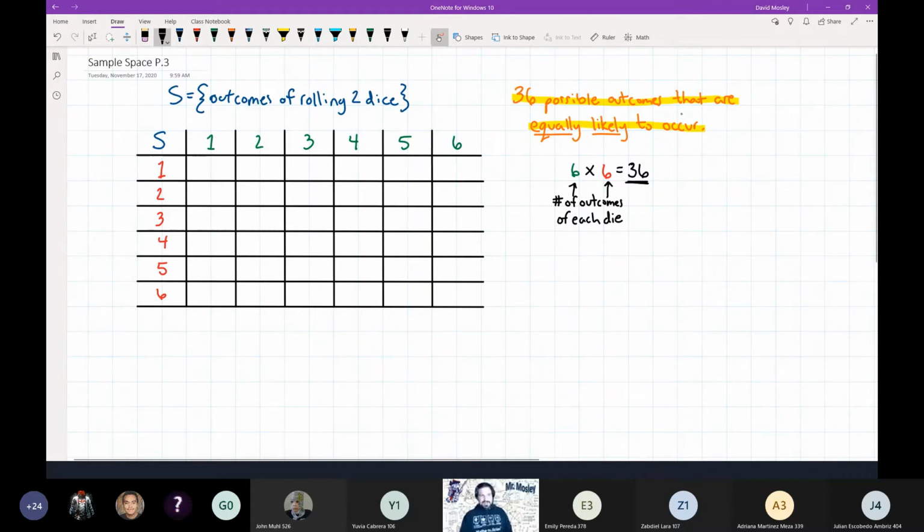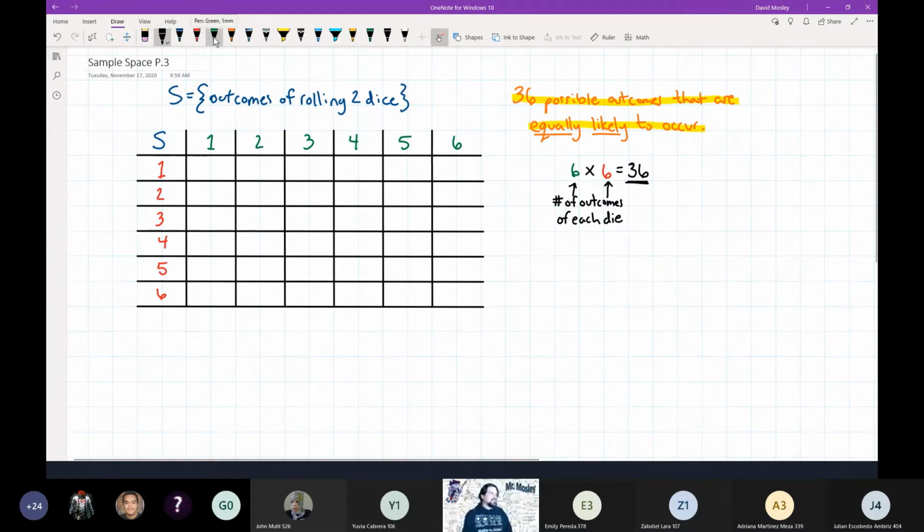There's 36 possible outcomes that are equally likely to occur, meaning each one of these squares has a 1 in 36 chance of happening, because these are fair dice. There's 6 possible outcomes for the green die, 6 possible outcomes for the red die, which means 6 times 6, 36. We have that 36 possibilities.